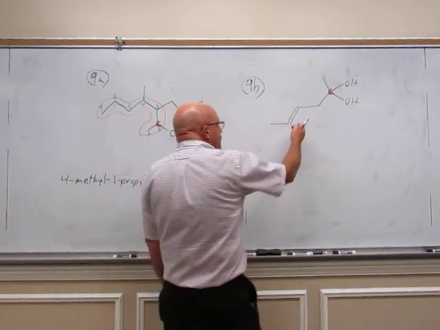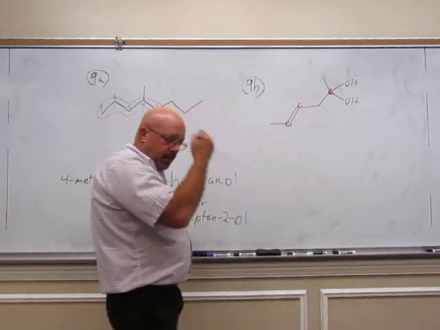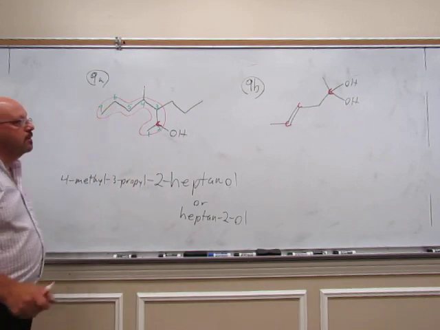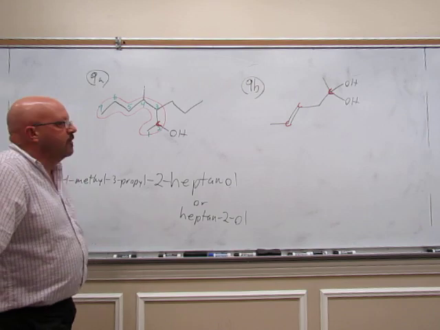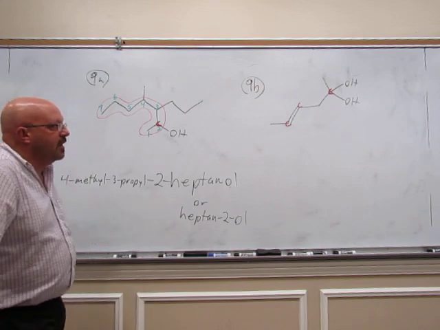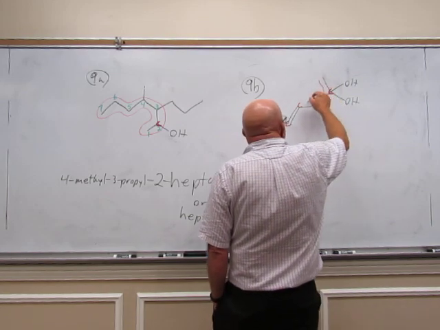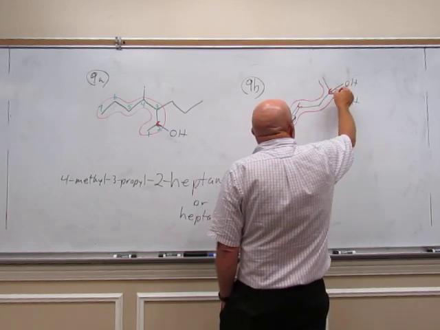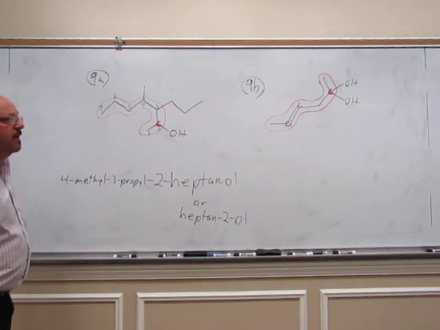When we did alkenes, we said we must include both carbons of the double bond in our parent chain. So we have to include all 3 of those carbons. Find the longest chain that contains all 3 of those carbons, and it just so happens it's all of the carbons. There's our longest chain.